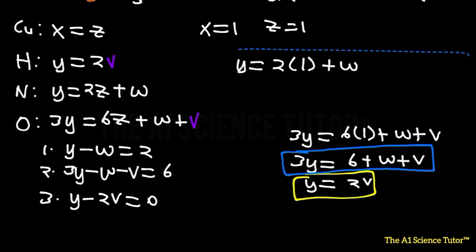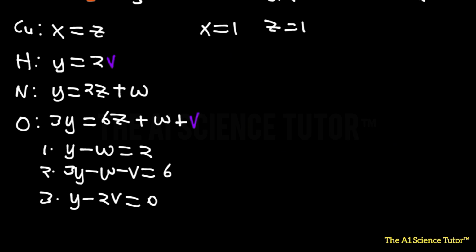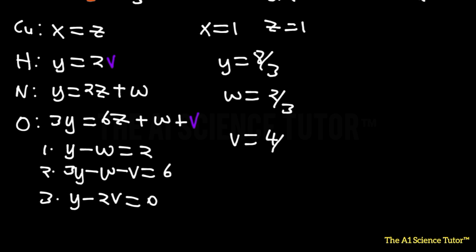So let's start with the values we have. Y is equal to 8 divided by 3. And we have W, that is 2 divided by 3. And then V is equal to 4 divided by 3.